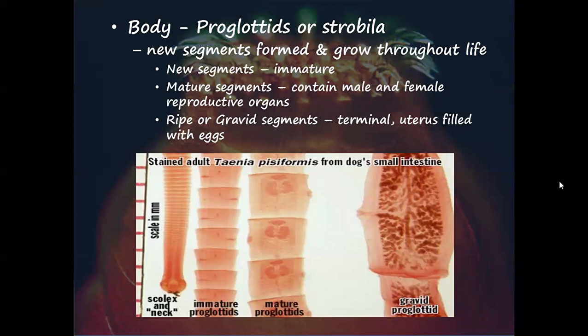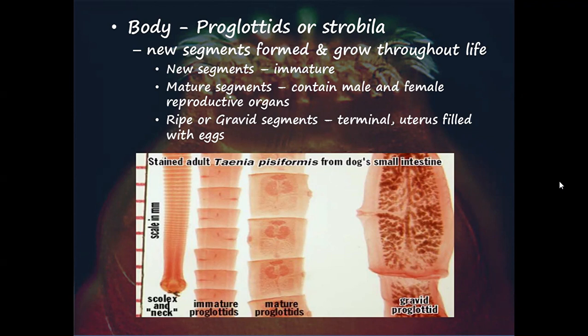Newer segments are termed immature, and they do not even contain any observable male or female characteristics. As they extend further, they become mature segments, and this time they will contain viable male and female reproductive organs. And the number and appearance of these organs are also characteristic features in some organisms.